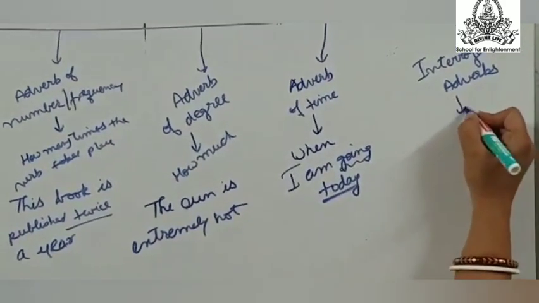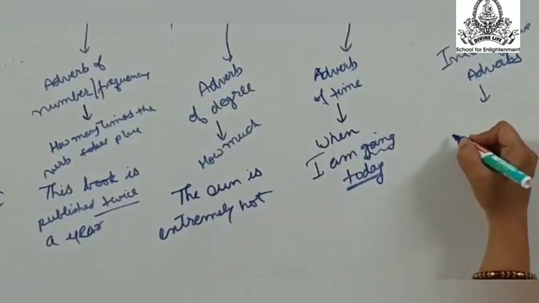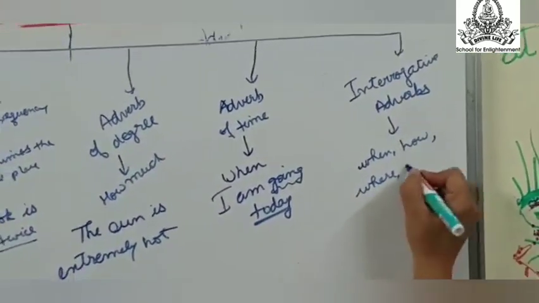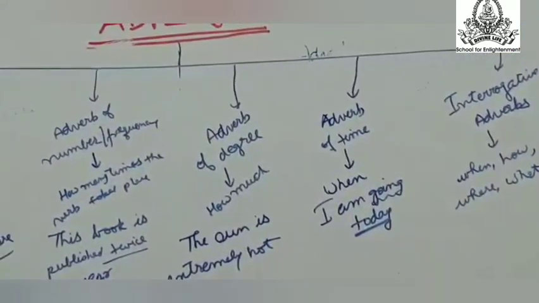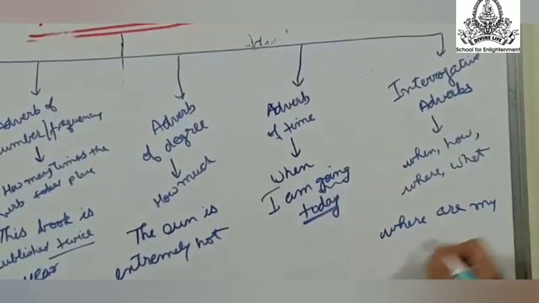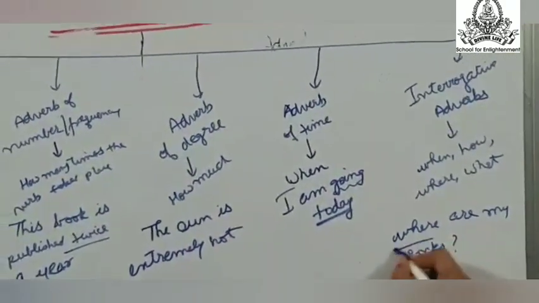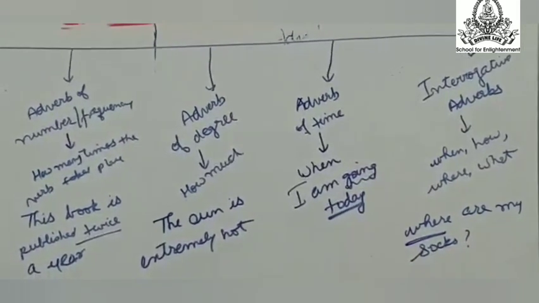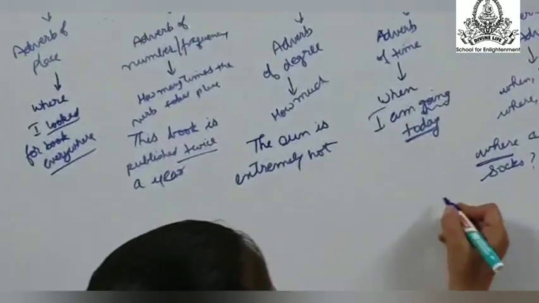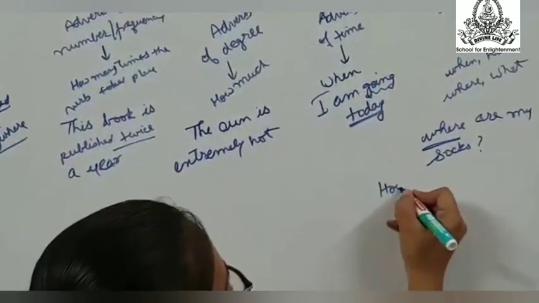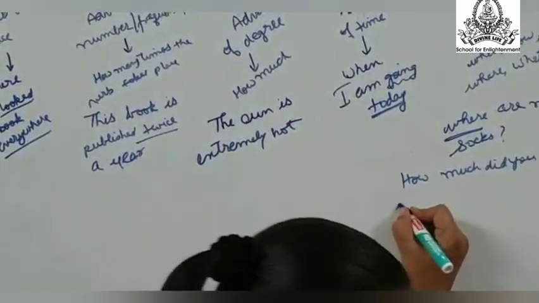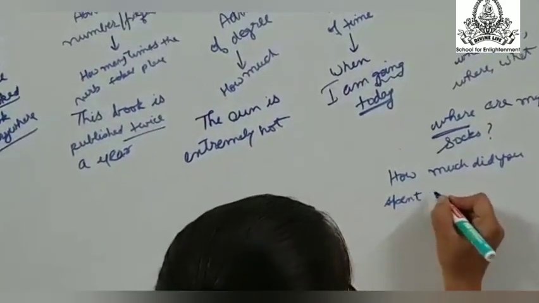Now interrogative adverbs are the words which start with when, how, where, why. For example, where are my socks? It's an interrogative. Same way we can ask, how much did you spend on it?